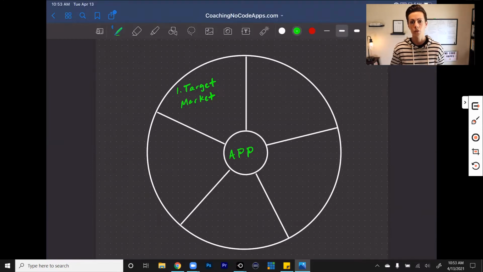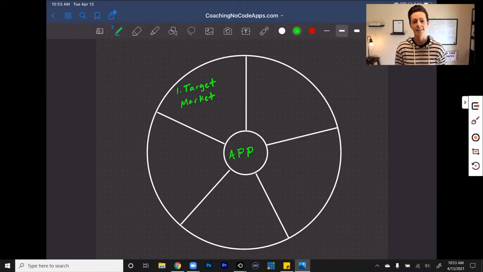Who's going to be using your app and who specifically? So if your answer to this is something like consumers are going to be my app's users, that's not clear. It's not clear enough, okay?